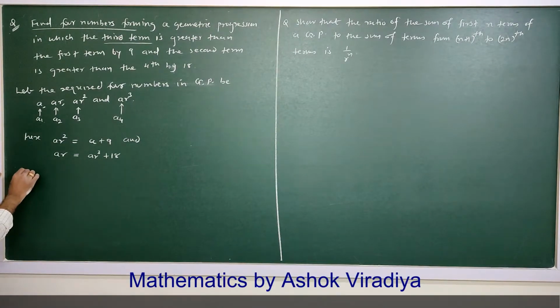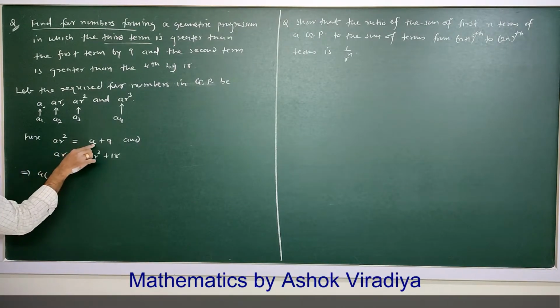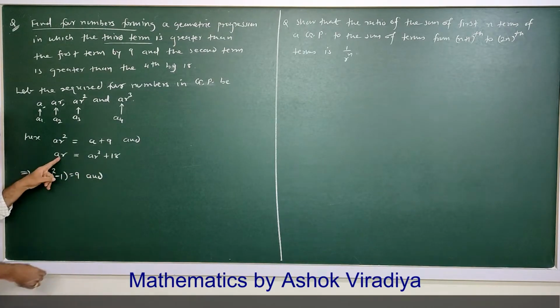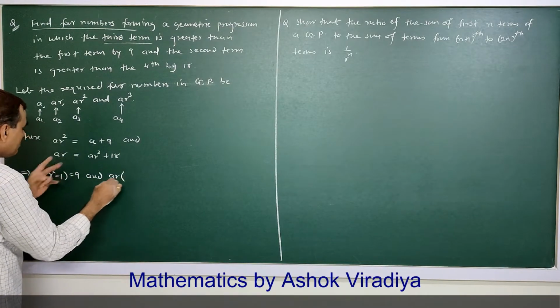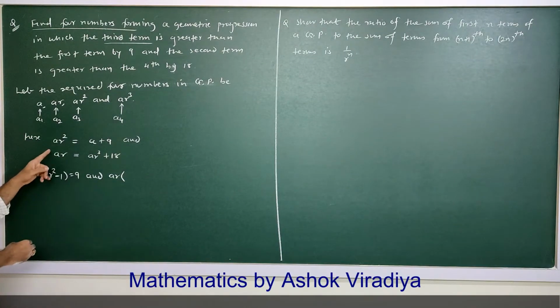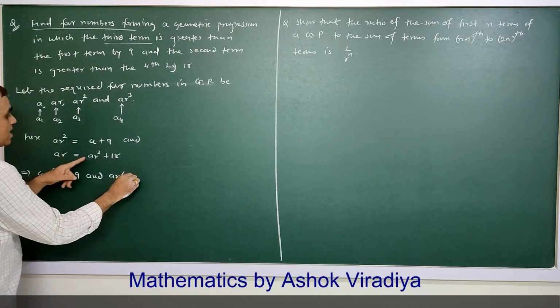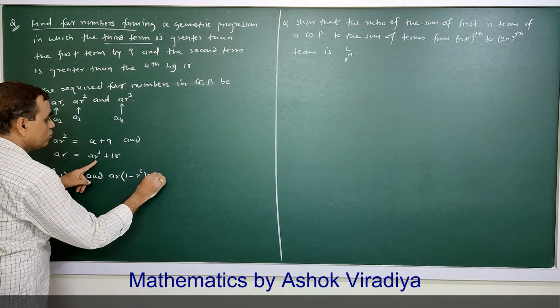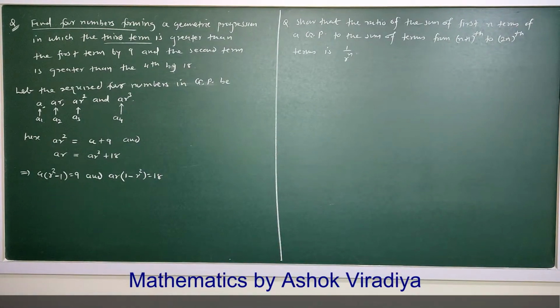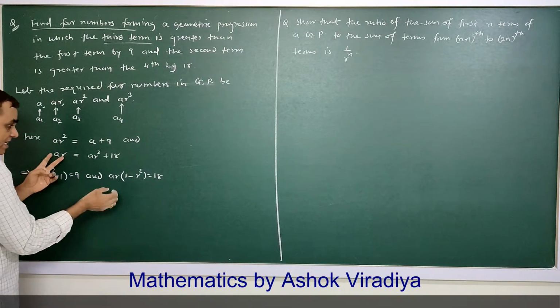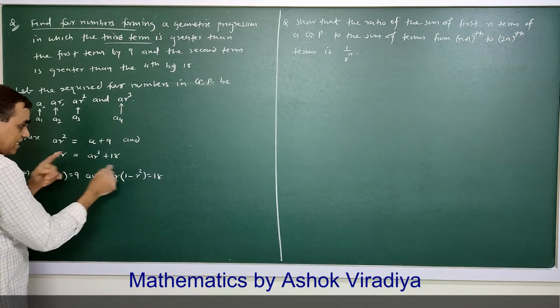So from these equations, here A into R square minus 1 is 9, and from this equation, taking AR common, this is 1 minus R square equal to 18.